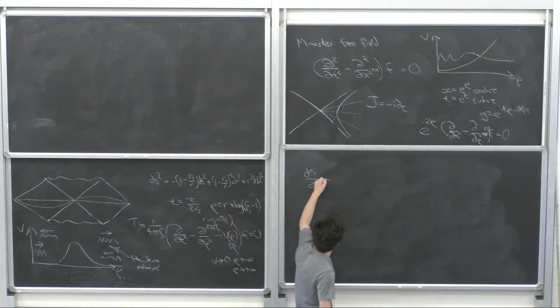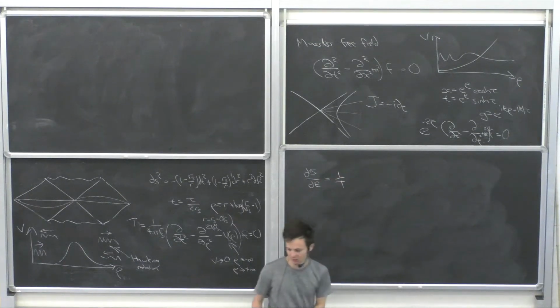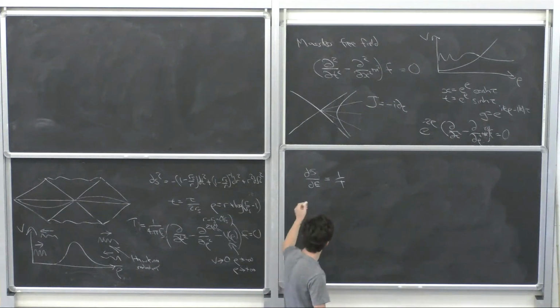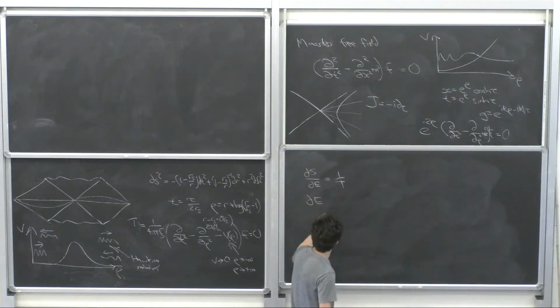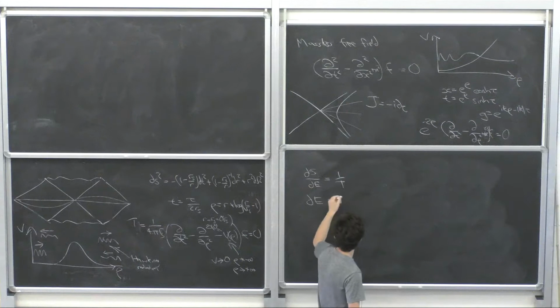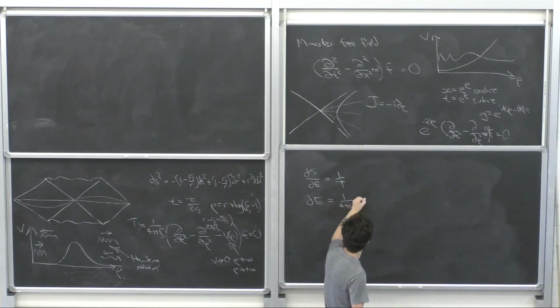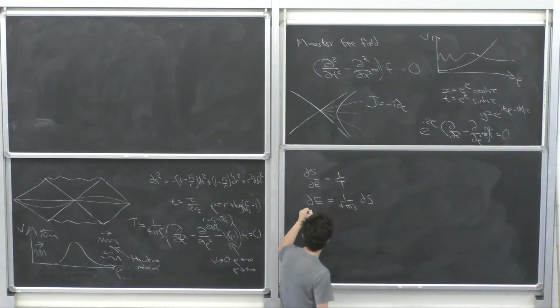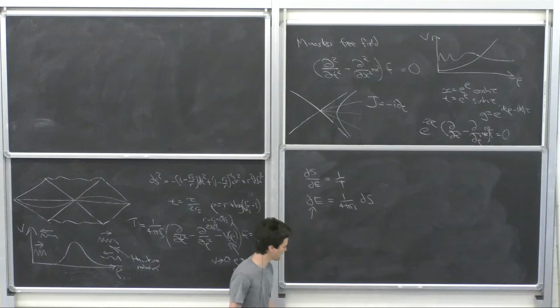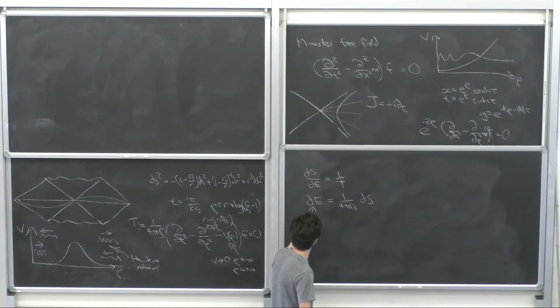So if we write this equation, and use our known formulas for the energy and the temperature, we have T is 1 over 4 pi Rs. E is equal to the mass of the black hole, which I believe is Rs over 2G.